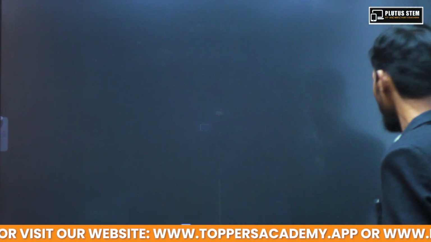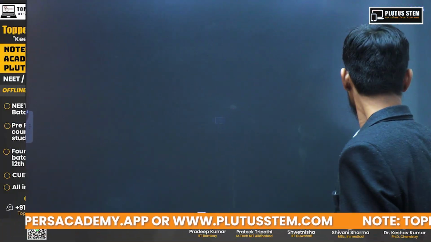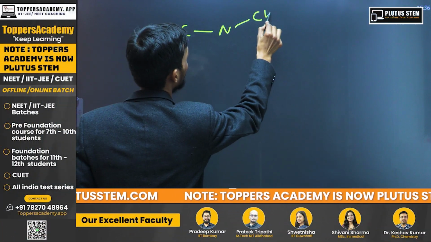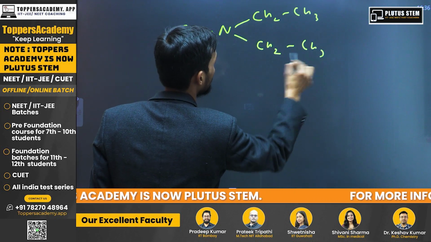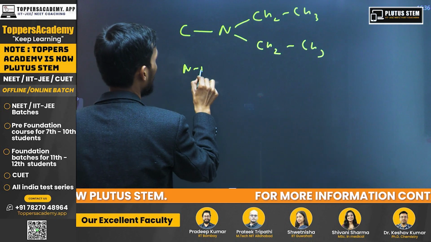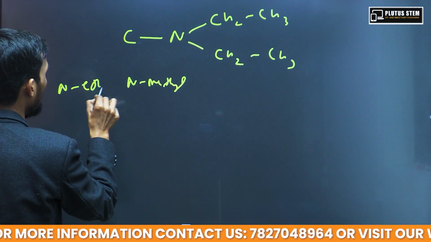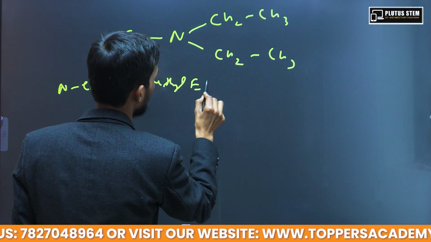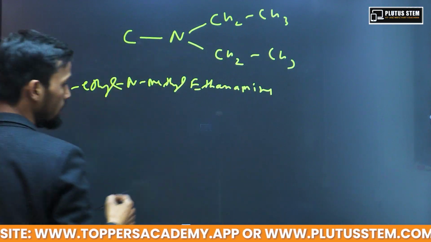One more thing: there are 5 carbons, yes. So one more thing we can do is N-ethyl-N-methylethanamine, CH3, CH2, N, CH3, CH2, CH3.